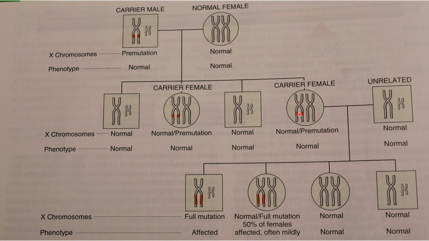If there's a normal premutation here, you can get abnormal meiosis and recombination with a full mutation with an affected phenotype, affecting 50% of females, often mildly. So this is Mendelian genetics, where eventually you get from carrier male to affected male and female with a full mutation.